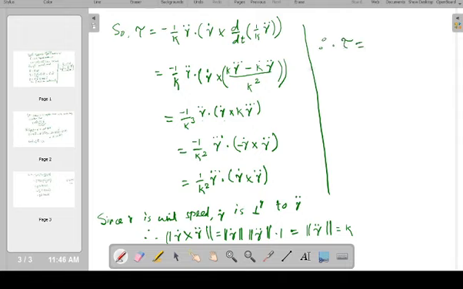Therefore tau is equal to kappa square. In the denominator, it is replaced by the norm of gamma dot cross product with gamma double dot, squared.